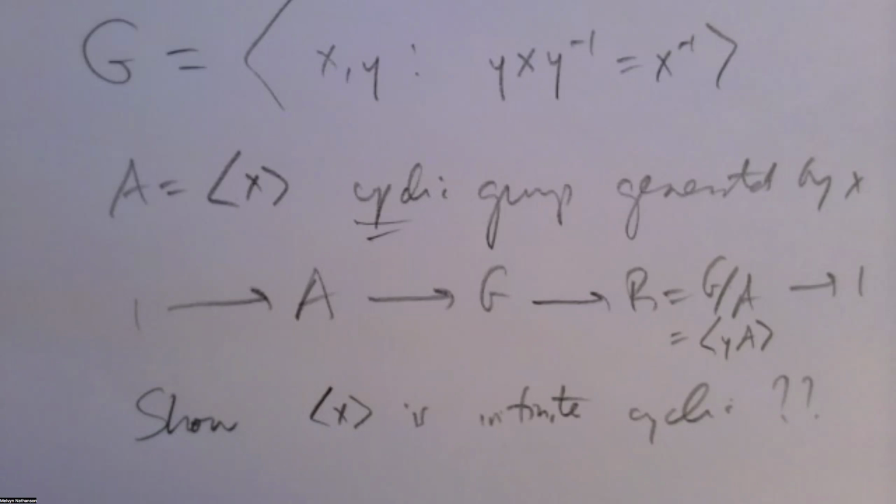I certainly believe that, first of all, yes, you can always write it as x to some power, y to some other power, and I think that is unique. And from that, it would follow that x is indeed infinite cyclic. Yeah, right. So why is it unique?